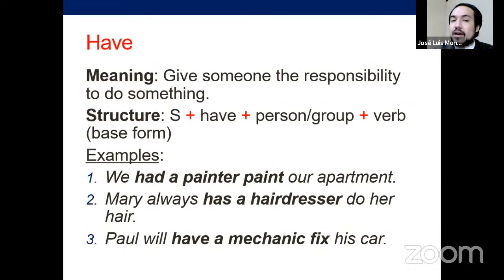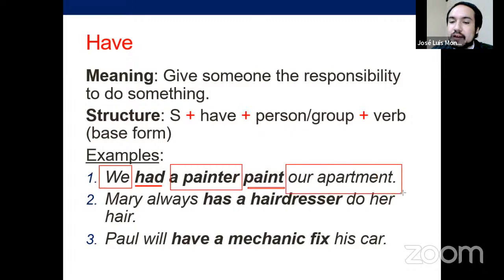This is just review. Have also, the main difference is that this is more related to responsibility, to working because you're getting paid, or you're paying someone to do something for you. The structure is the same, we only use have. In the past, we had a painter paint our apartment. In present, we always have a painter paint our apartment.